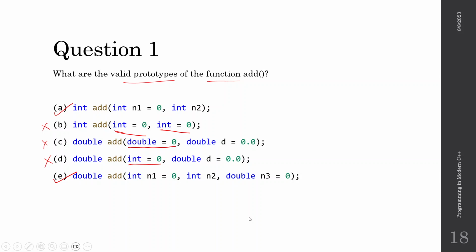Sir, I think all should be incorrect. Why? Sir, because in the lecture, sir explained that once we define one parameter as default, then every parameter coming after that should also be default, from left to right, something like that. I don't remember exactly.